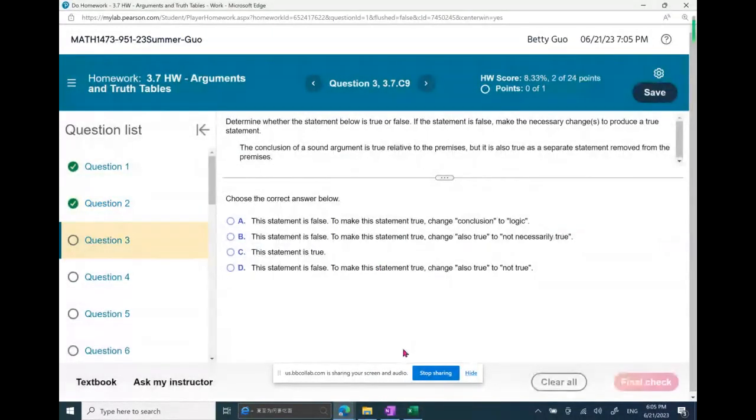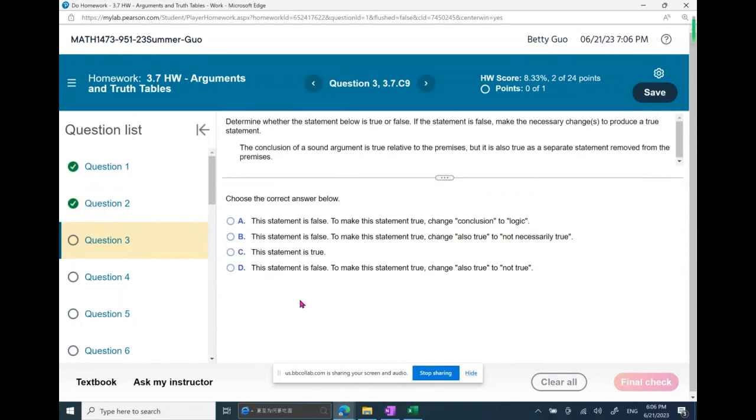Number 3, determine whether the statement below is true or false. If the statement is false, make the necessary change or changes to produce a true statement. Let's read the statement. The conclusion of a sound argument is true relative to the premises, but it is also true as a separate statement removed from the premises.